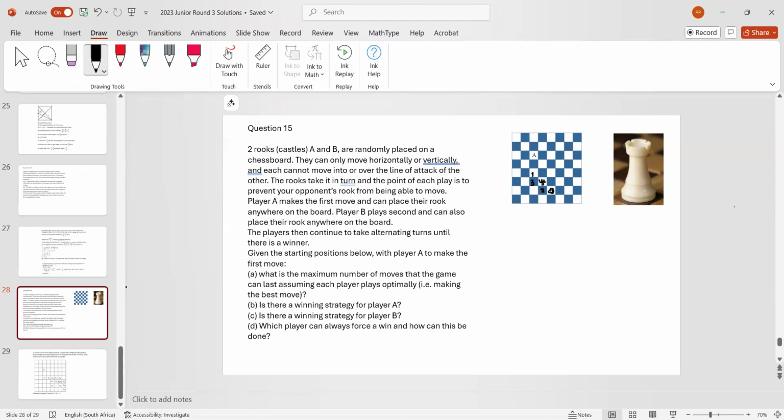So which player can always force a win, and how can this be done? But I think they are referring to this particular position here. In this particular position, it says, given the starting positions below, A will always win, right? A will always force a win, as we saw.